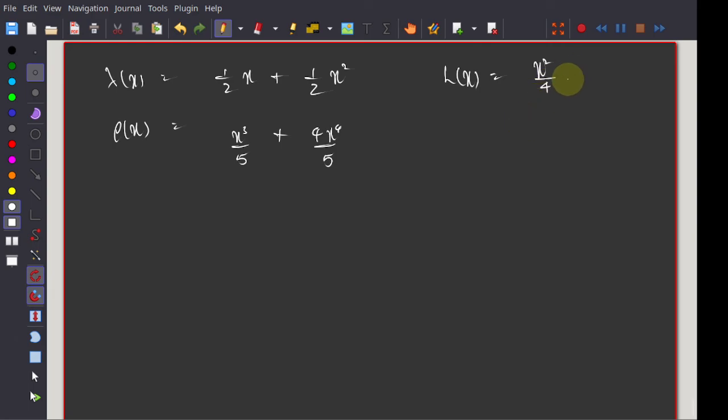You will still have to normalize this. Divided by 1 by 4 plus 1, which is going to be in x. Okay.